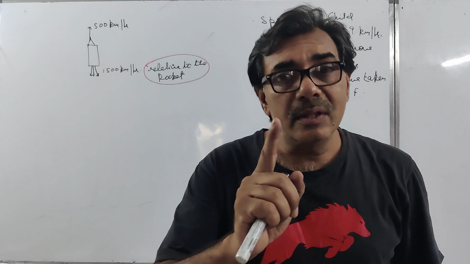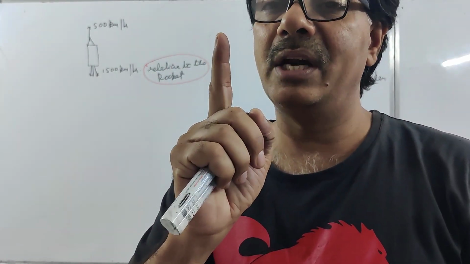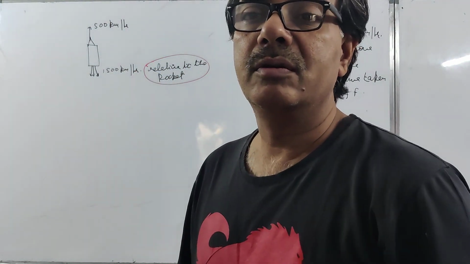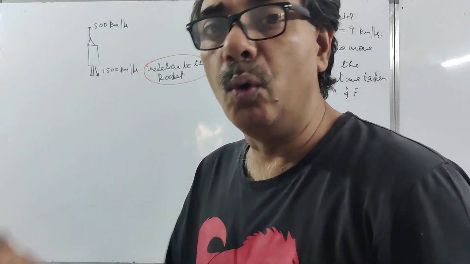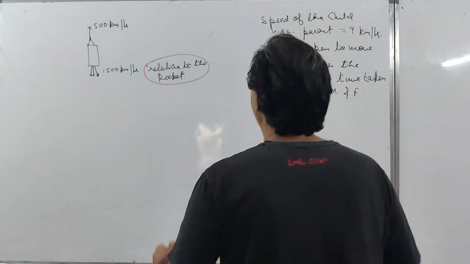It means that had the rocket been at rest, the combustion of the fuel would be released at the rate of 1500 kilometers per hour. Listen.